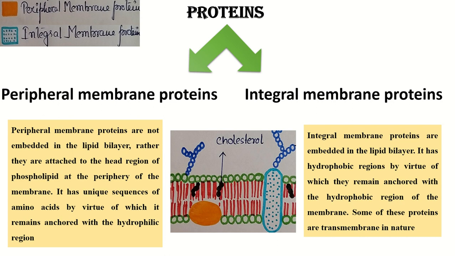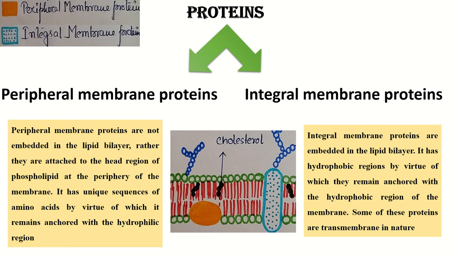Now let's talk about the protein component of plasma membrane. Proteins can be broadly categorized into two subheads: peripheral membrane proteins and integral membrane proteins. The peripheral membrane proteins are not embedded in the lipid bilayer. Look at this, it is present at the peripheral region.